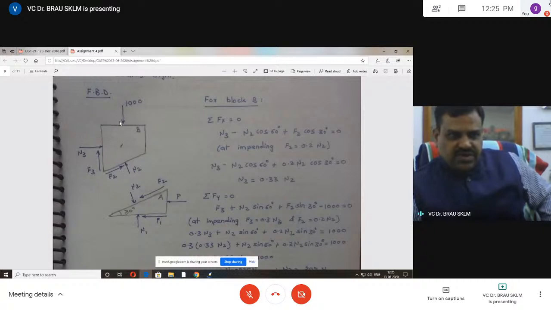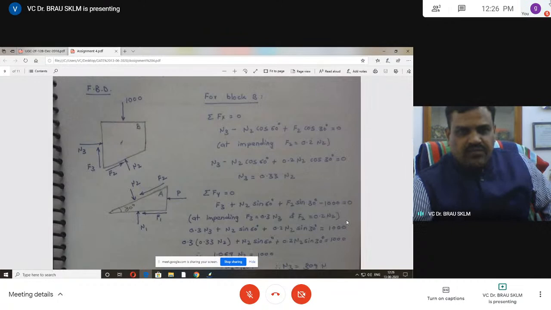With respect to y, 1, 2, 3, 4 components. With respect to x, 1, 2, 3. N2, F2 cos 60 and N2 component, F2 component. See N3, N2, F2 component. Depending upon the cos and line. If Fy is 0, 4 components. 1, 2, this component, this. See, that is the 4 components.